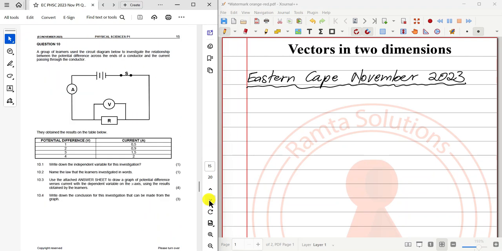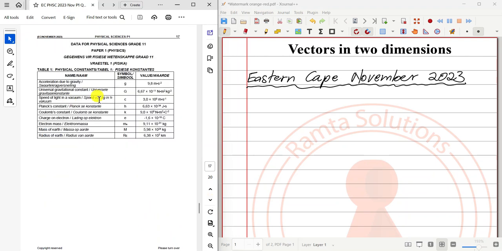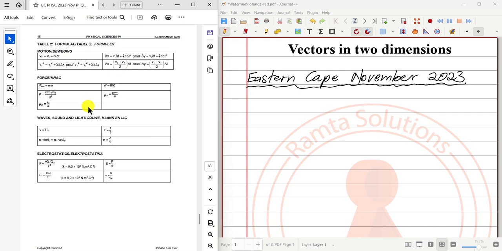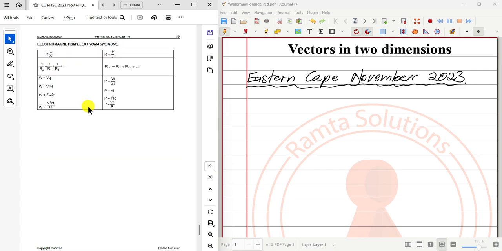Here are the constants: acceleration due to gravity, universal gravitational constant, speed of light, Coulomb's constant, mass of an electron, mass of Earth, radius of Earth, for example. You go to your formula sheet, especially here, to get your constants. Then you go to your equations, your formulas. If you want to know which formula to use, they are provided, and you'll be good to go.